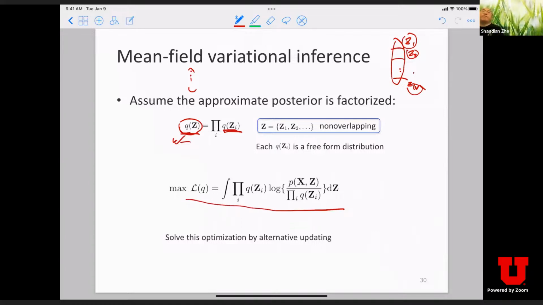We just follow the framework: we maximize this evidence lower bound, which is the integral of Q of Z, where Q of Z is factorized as the product of those Q of Zi, multiplied with the log fraction between the joint distribution of X and Z and the product of those Q of Zi. So how do we maximize this to find the best Q of Zi?